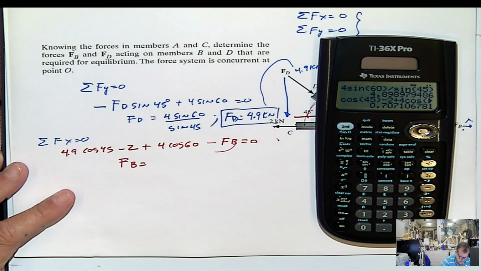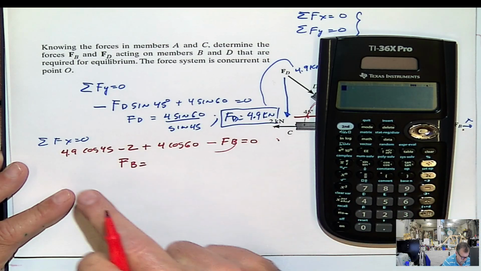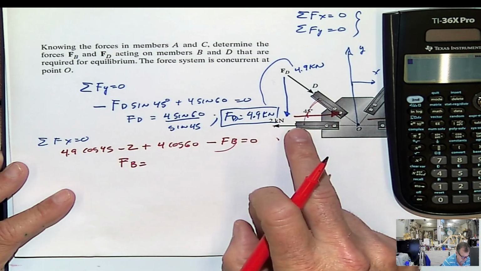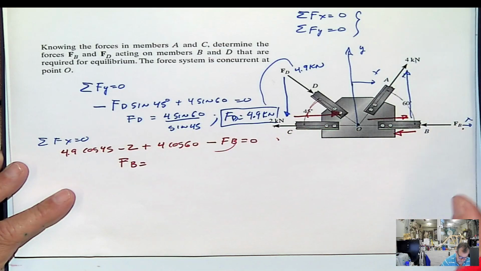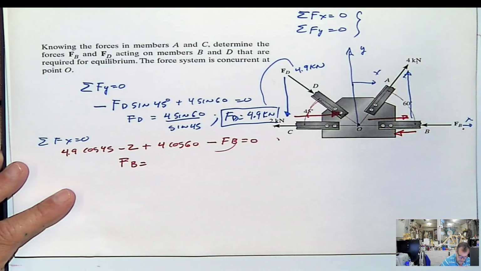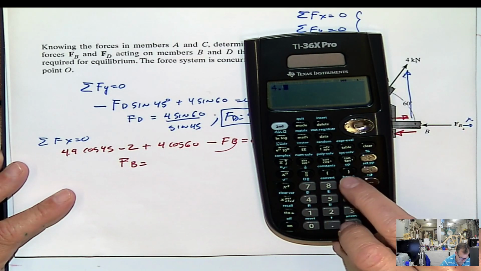Let me see, I'm probably missing something. 4.9, that's the value. Yes, cosine 45, correct. Minus 2, that's correct. Plus 4 cosine 60 minus FB, yeah, that's it. Then I probably put something wrong in the calculator.